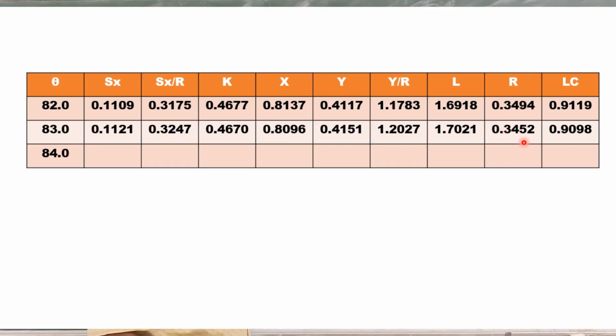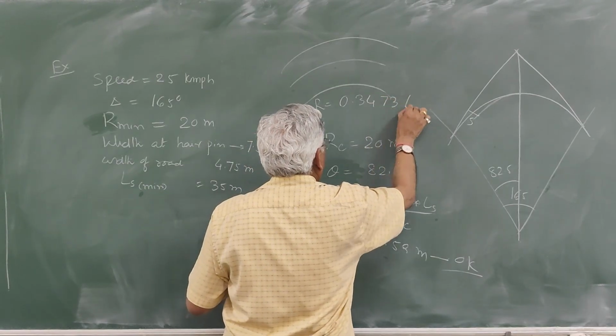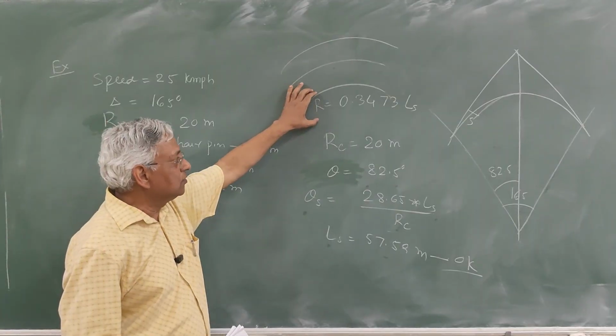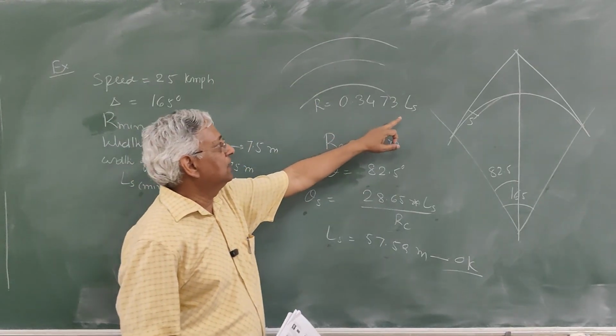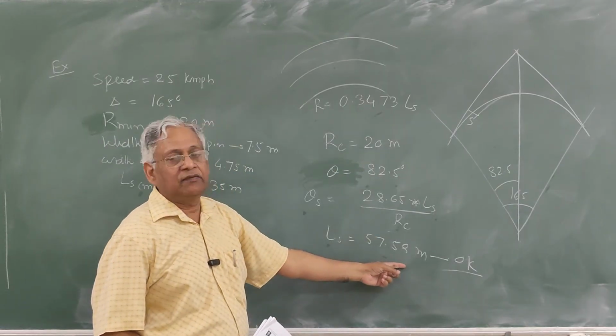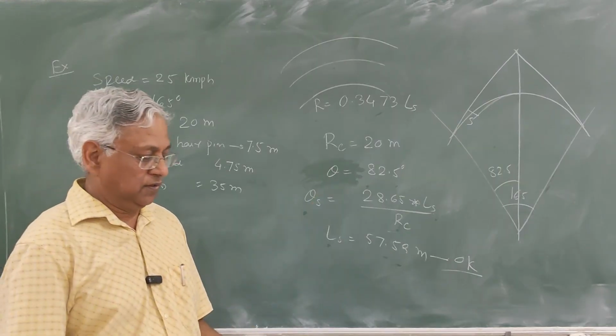Corresponding to 82.5, you get R is equal to 0.3473 Ls. This you get from the table. And because R is known, 20 meters, you can calculate Ls as 20 upon 0.3473, 57.59. So that is how that table is to be used.